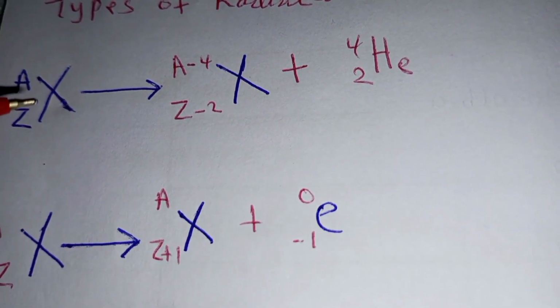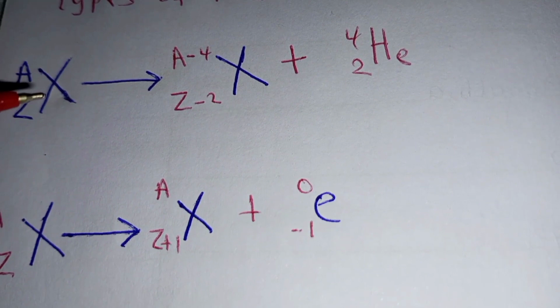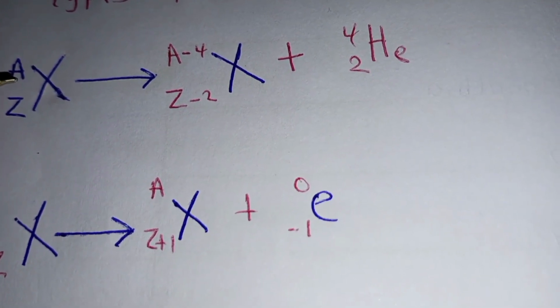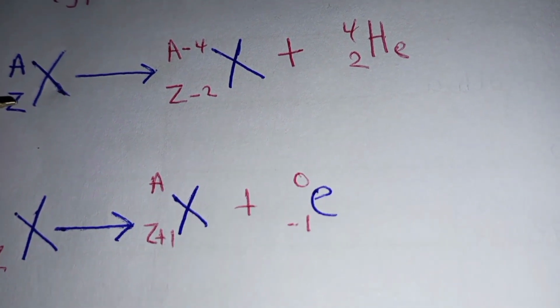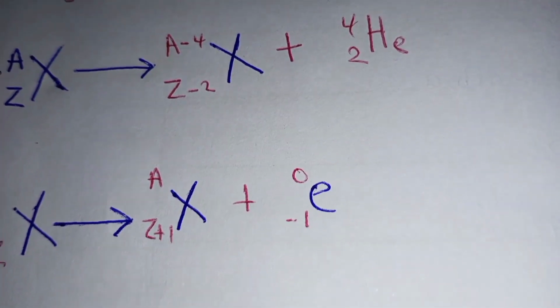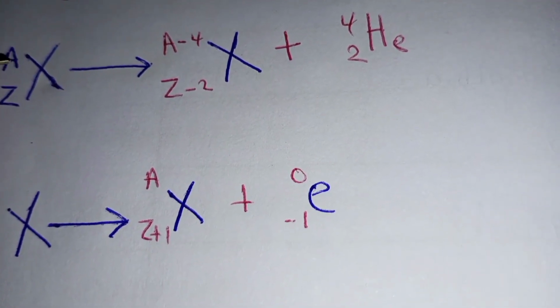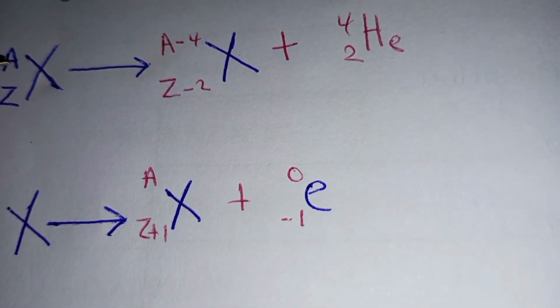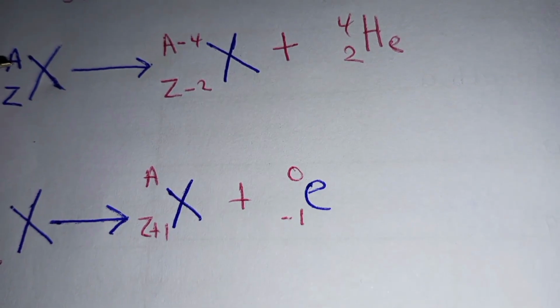We represent an atom which is unstable with letter X, and A represents the mass number, and the letter Z represents the atomic number. Mass number is the sum of the protons and the neutrons within the nuclei of an atom.